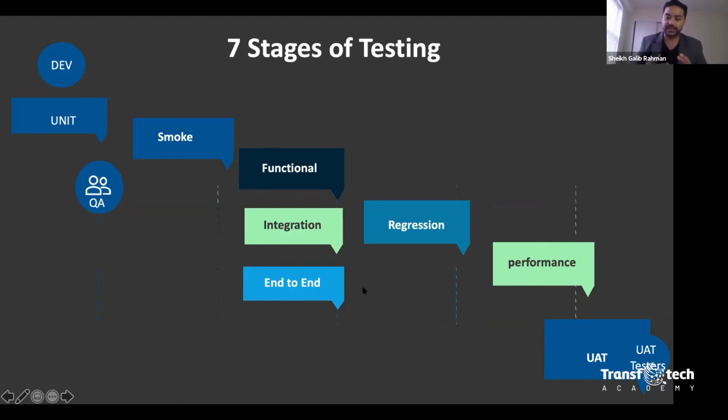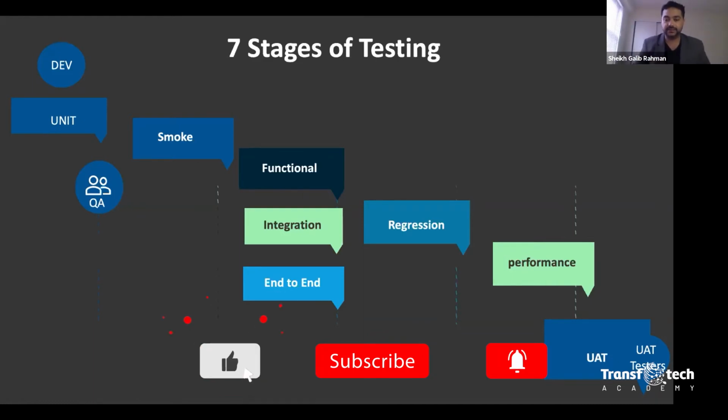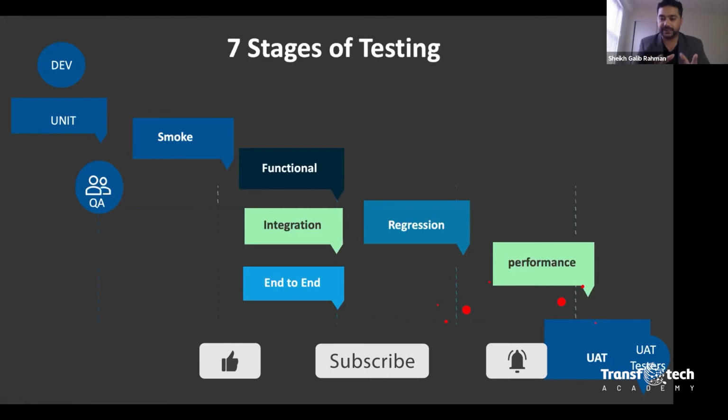End-to-end test is really: go to the database, do the SQL query, pull the data from the back end, and then match it with the data on the front end. Let's say you are opening up an account with Amazon. You're putting in a bunch of data, right? Your name, your email, your phone number, these are all data.